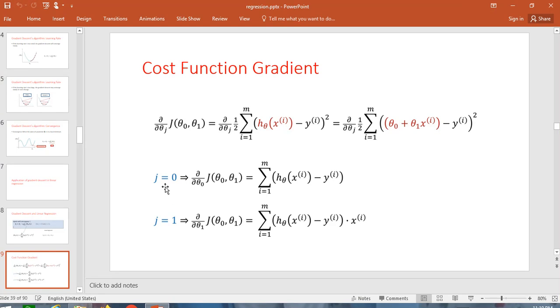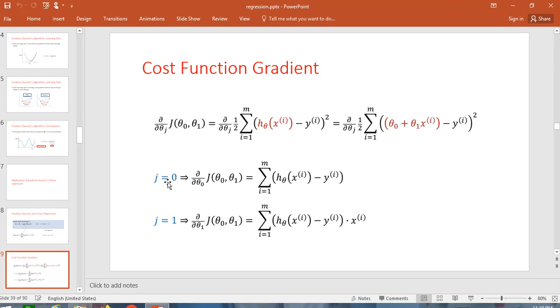Since we have just two j's here, j can be equal to 0 and j can be equal to 1. Consider j is equal to 0 here in this line. In the second line, actually, consider j is equal to 0 to calculate the partial differential with respect to theta 0.